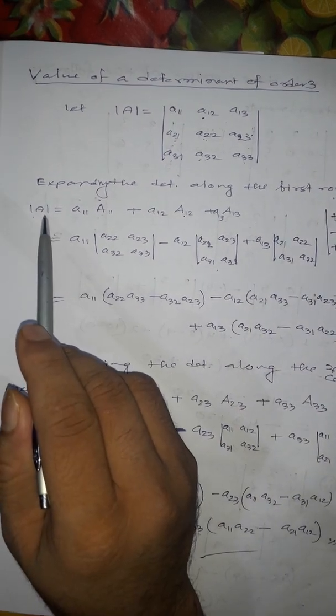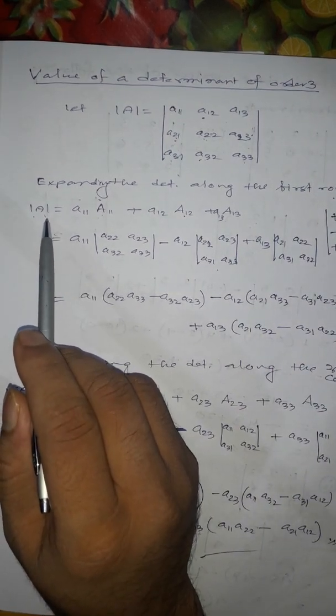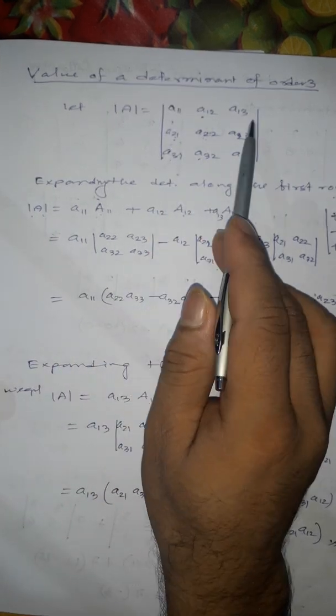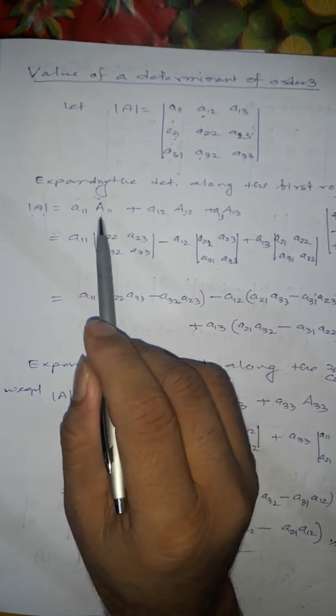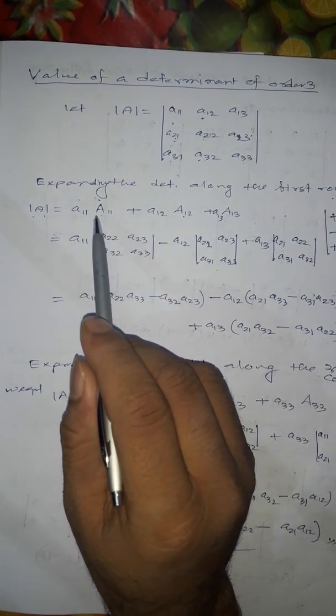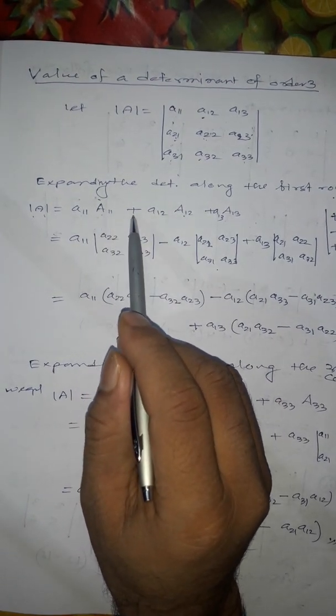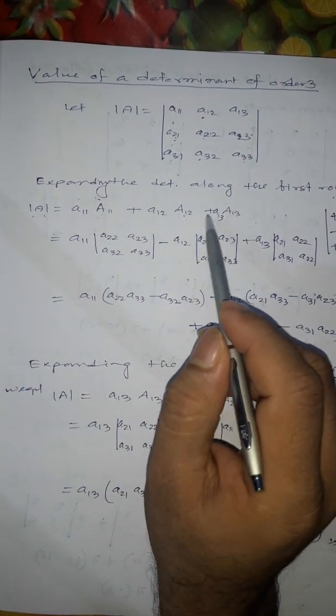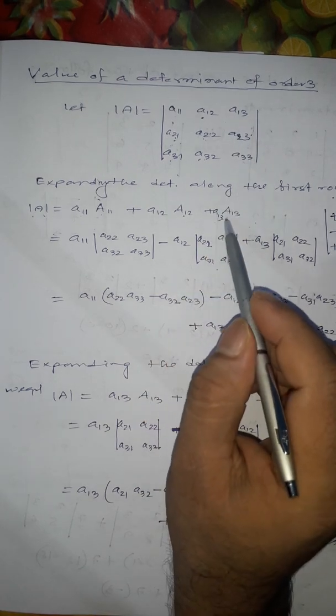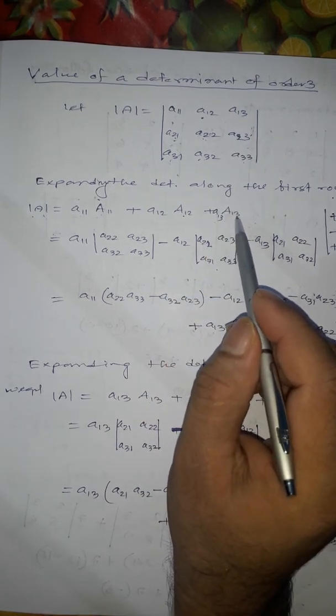Then the value of the determinant will be, along the first row, A11, the first element, into its cofactor capital A11, plus A12 into its cofactor, plus A13 into its cofactor A13.